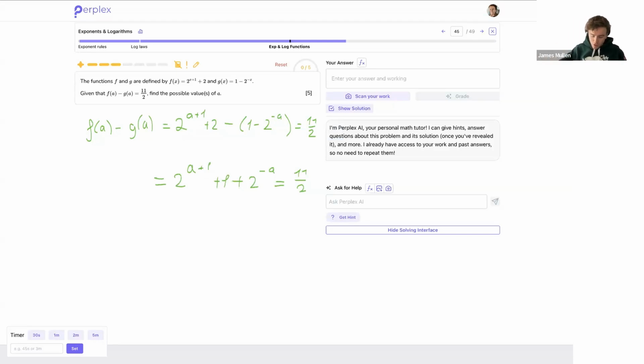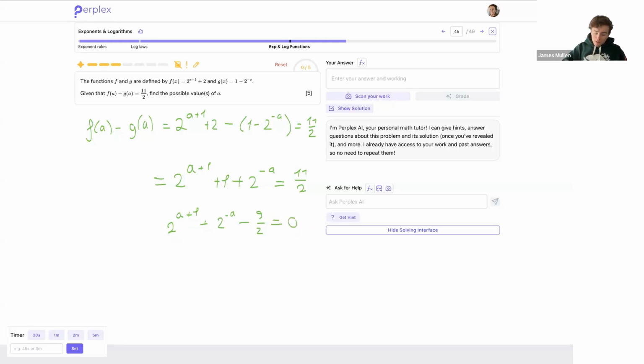To show you where the quadratic is, I'm going to multiply everything through by 2 to the power of a. But first, I'm going to bring the 1 to the other side and simplify to 2 to the a plus 1, plus 2 to the minus a, minus 9 over 2 is equal to 0.